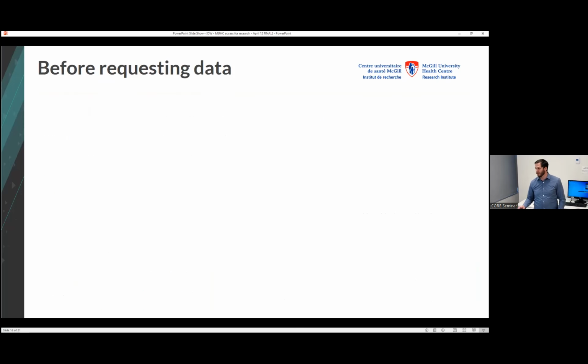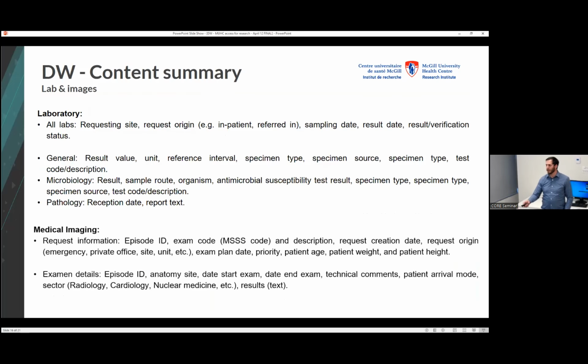For example, if someone is making an image request and they are in a private office, we know that the request information is not going to be linked to an episode because there is no known episode, but it was done in the private office. So we have a request origin classified as private office, and that information is outpatient.